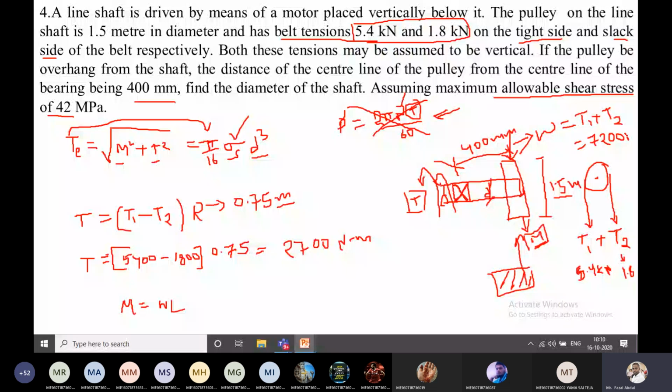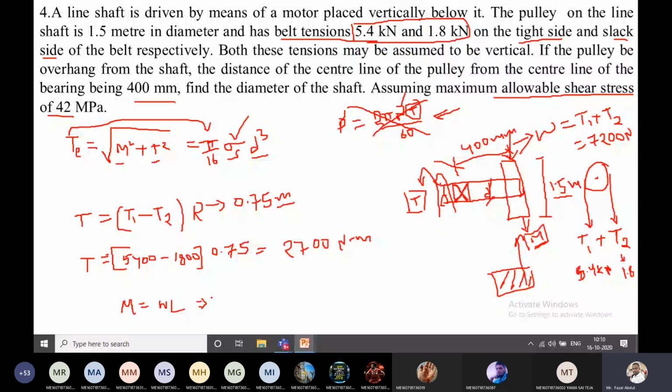400 mm. Convert this mm into meters, because we got the T value in Newton meters. Otherwise, if we convert the torque into Newton mm, we can directly take 400 mm.